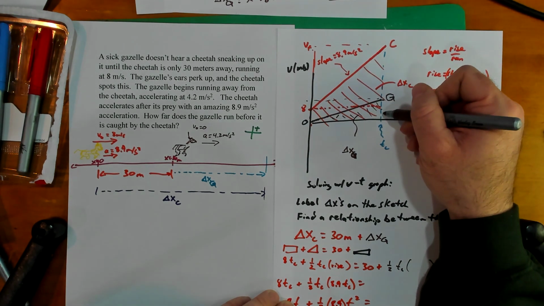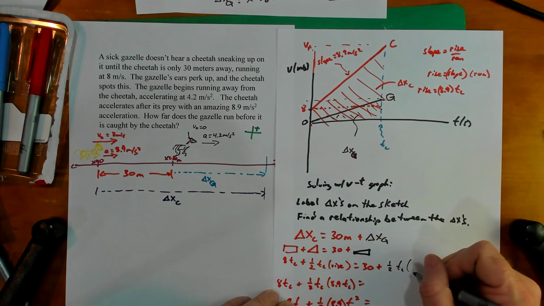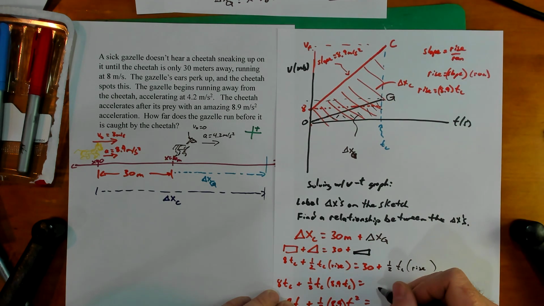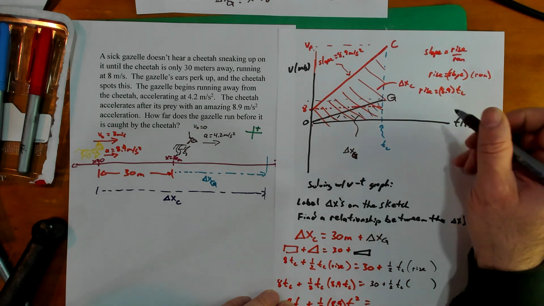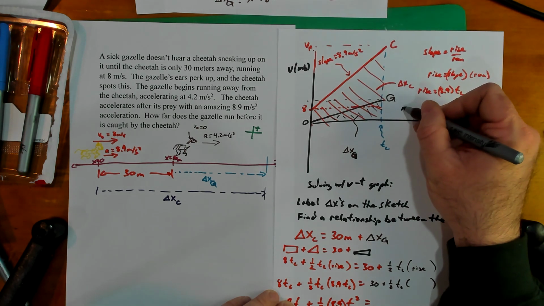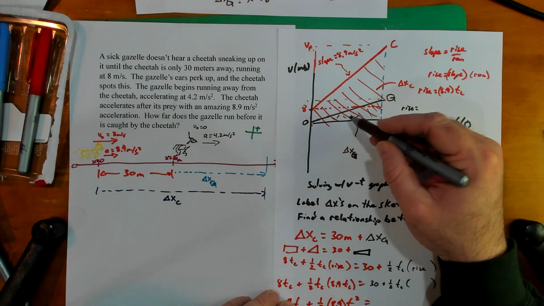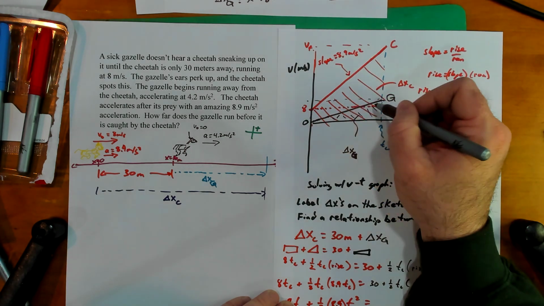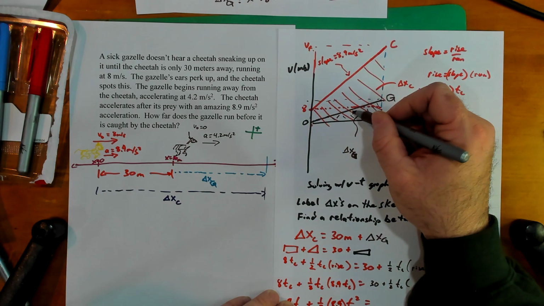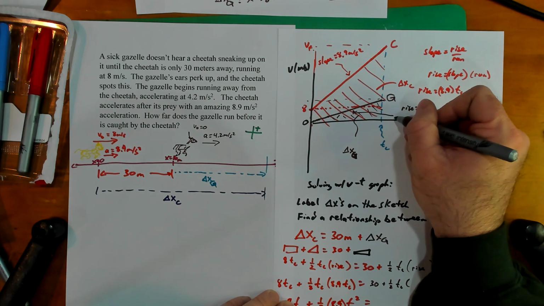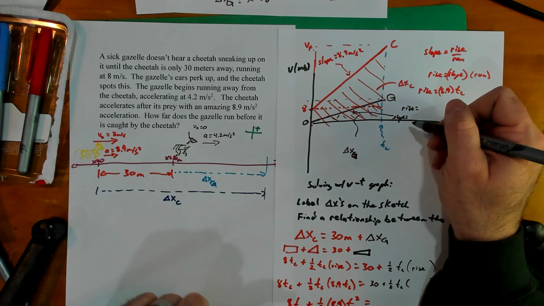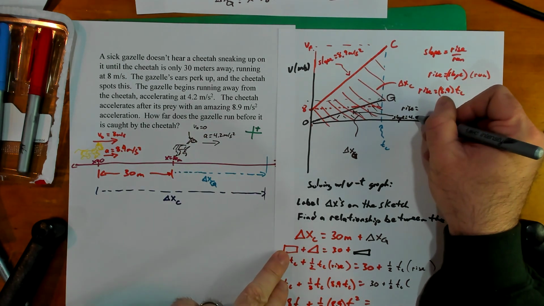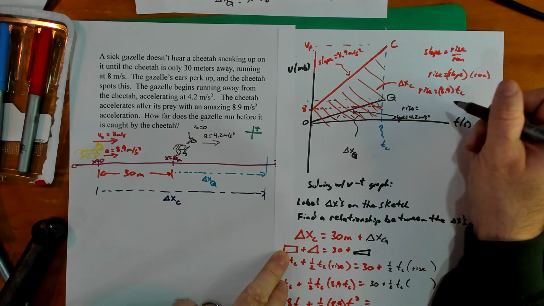Well, that's, again, just the rise now for the gazelle's graph. So how do I calculate the rise of the gazelle graph? Similarly, it's going to be slope times run. For the gazelle, the slope is the acceleration of the gazelle, which we know, so I didn't write it on the graph, and the acceleration of the gazelle was 4.2 meters per second squared.